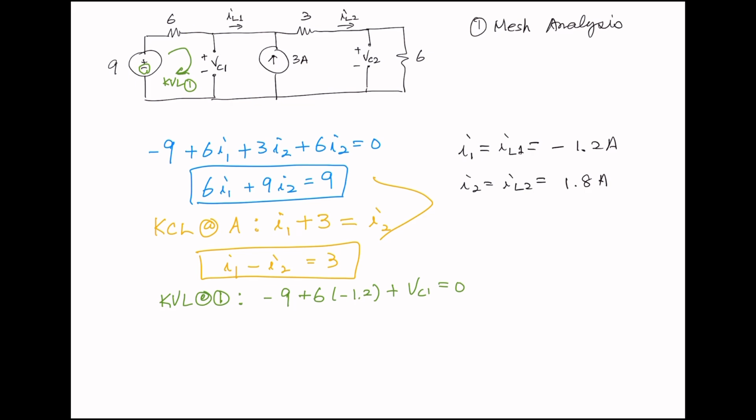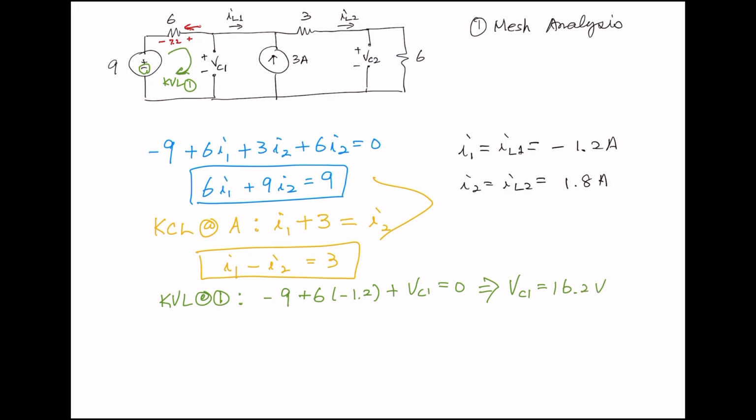IL1 is -1.2, so the actual current is going in the other direction. That means we have a plus-minus, that is 7.2. So if we do KVL, -9, 6 times -1.2, which is -7.2, plus VC1, from here VC1 equals 10.2 volts.